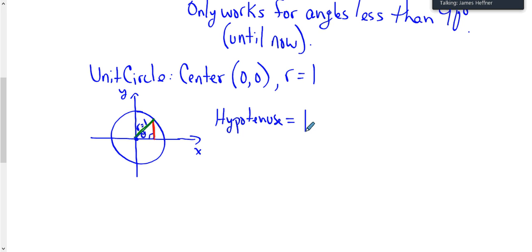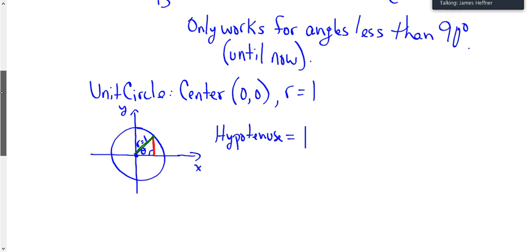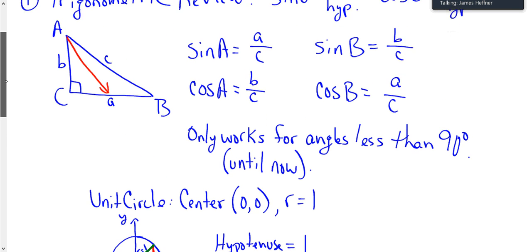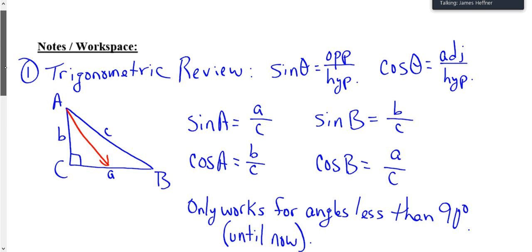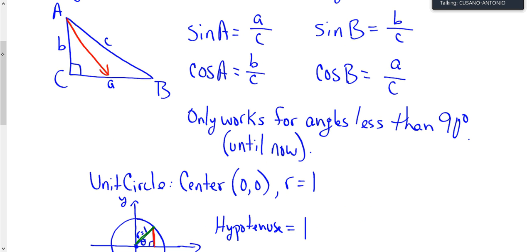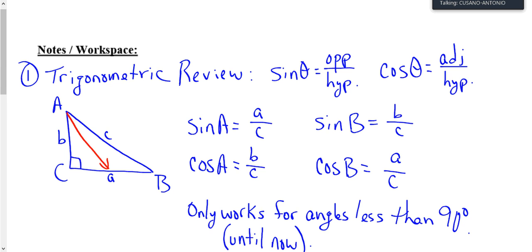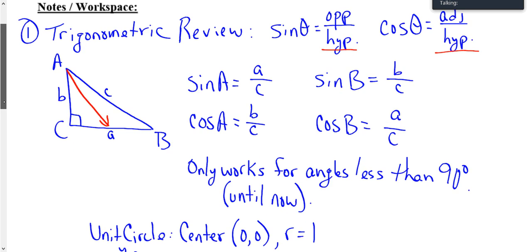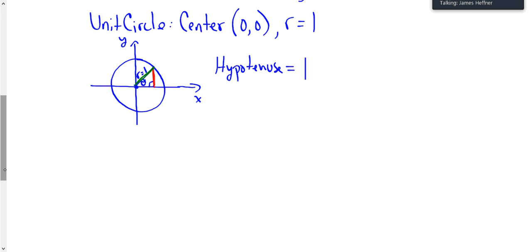And sine and cosine both get divided by what? They both get divided by the hypotenuse. And in this case, the hypotenuse is 1, right? So wouldn't that mean that we don't have to put it over 1? It's unnecessary.